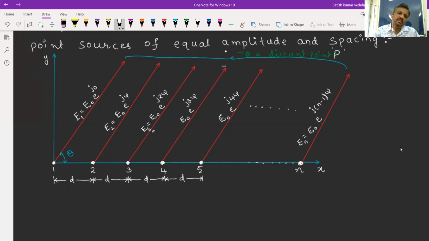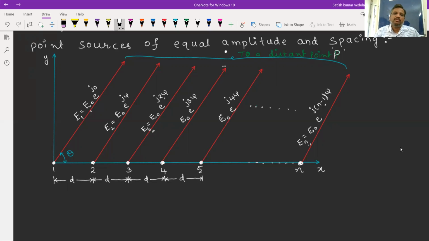That means whenever 3 is here, we get 1 lesser than that. Whenever we have n here, (n minus 1) psi will be the phase of the electric field. And these total electric fields we have to add at this far distant point. These are the values which we will be getting at this far distant point. So to get the total electric field intensity, and from that the normalized field component, we will be adding all those.